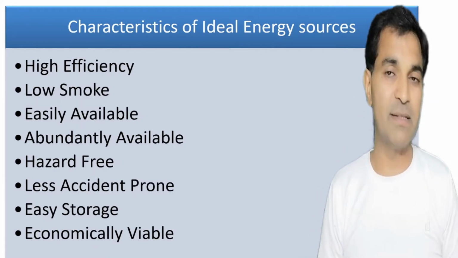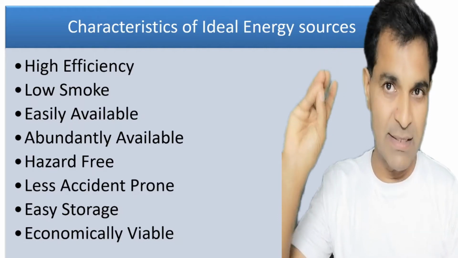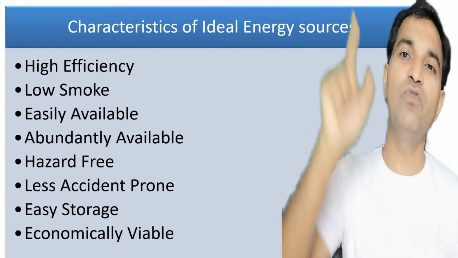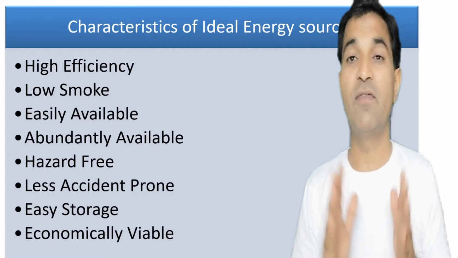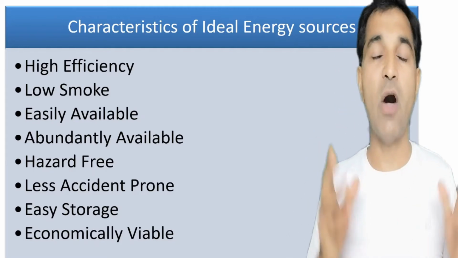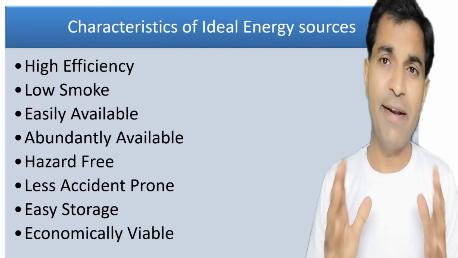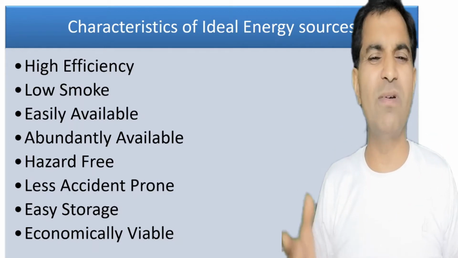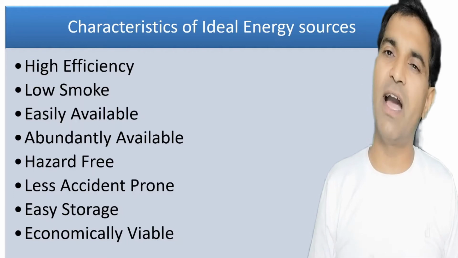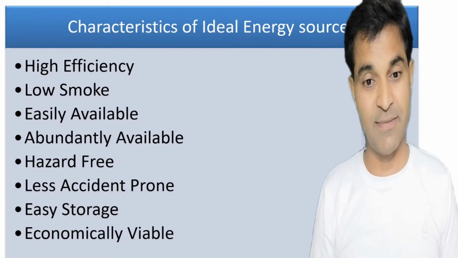Remember Three Mile Island in USA and Chernobyl in USSR or Russia, major nuclear accidents where thousands of people died. So ideal energy sources should not pose threats to humankind, animals or plants and trees.